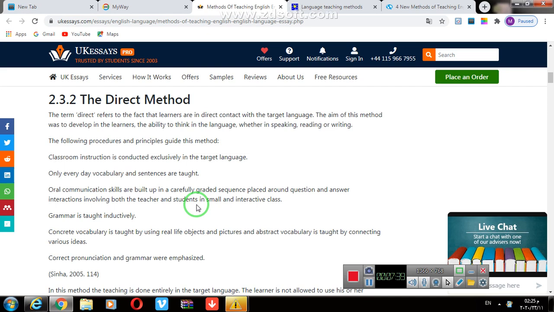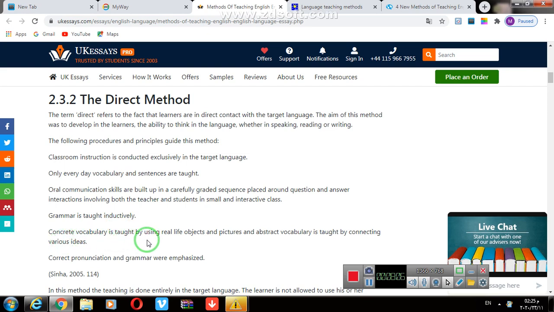So there's a kind of communication skill that is done orally between the teacher and the student. Also, grammar is taught inductively. Also, students can have grammatical sessions through these dialogues, and it can be taught inductively, I mean through reading. They can see grammar and show grammar in text through reading.